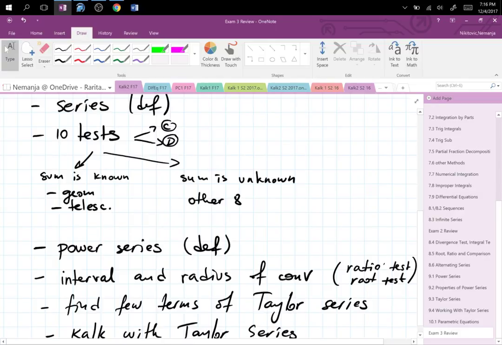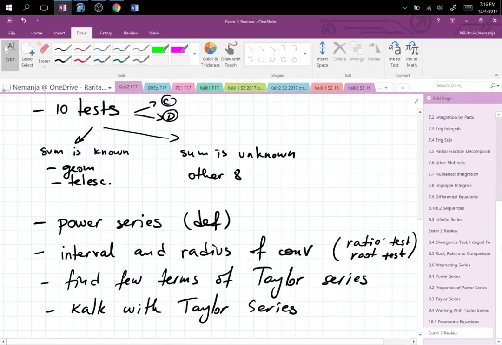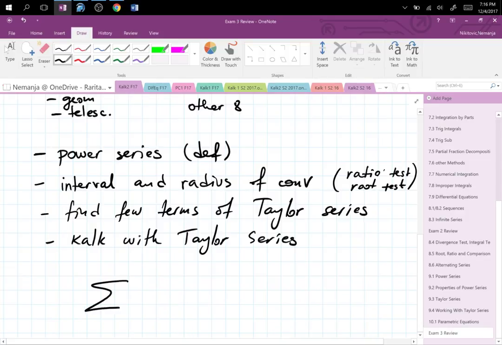It's a very short list. How would you define power series, other than just giving notation? Okay, definition of power series.